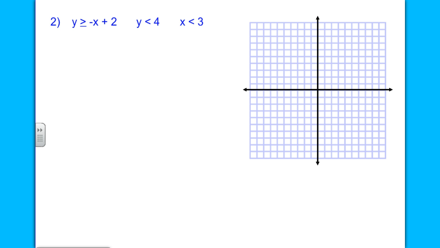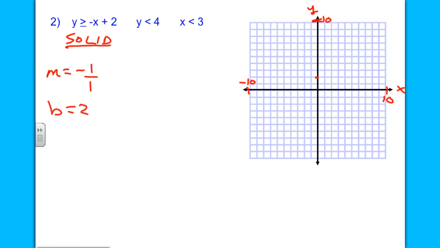The first one, Alana, is it going to have a dash or solid line? Solid. And what's the slope, Alana? The slope is -1/1. Good. And whoops, why did I write that? I was looking at the next thing I was about to ask. And that is, what is the y-intercept? 2. Good. Okay, so we're going to plot our y-intercept at 2.